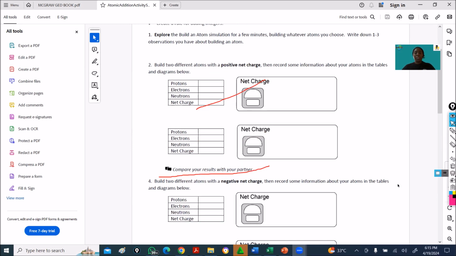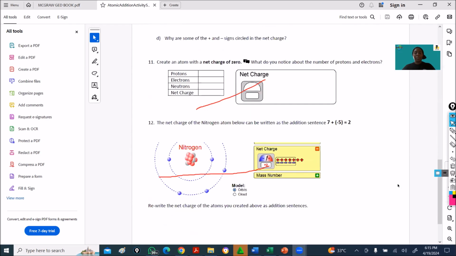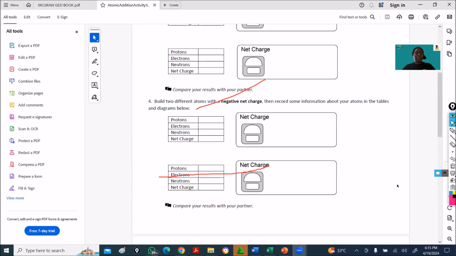Are we working on it? Okay, I see Olasukome. Good.